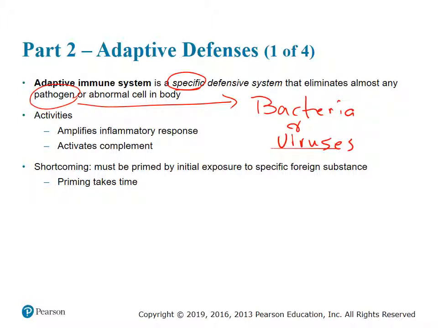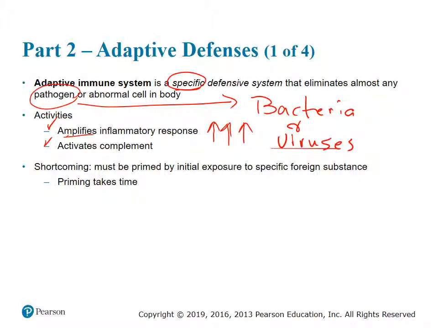It's not a general response, but a specific response, and really that's what the third line of defense is, specificity. And how does it do that? What's the action involved? It will amplify the inflammatory response and activate what we call complement. What do we mean by amplify? Another word for amplify is increase: increase the inflammatory response.